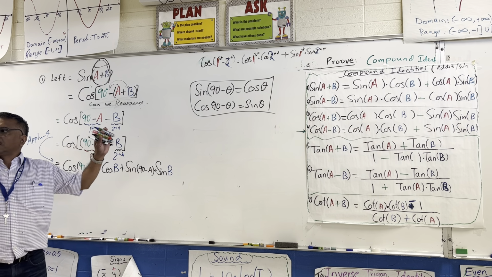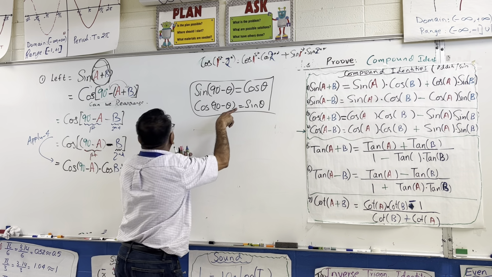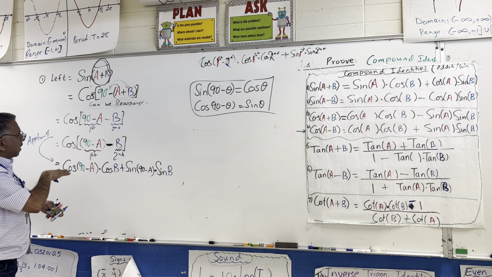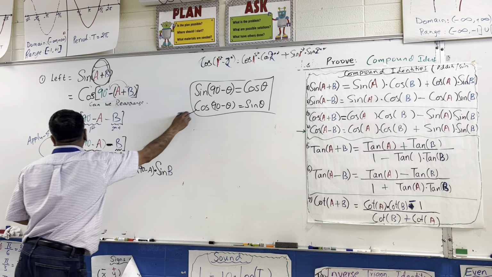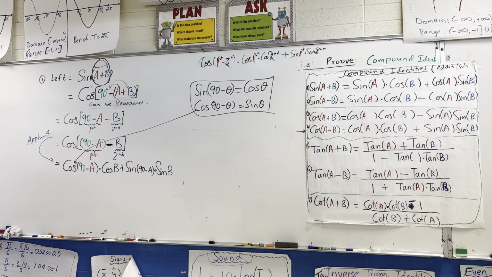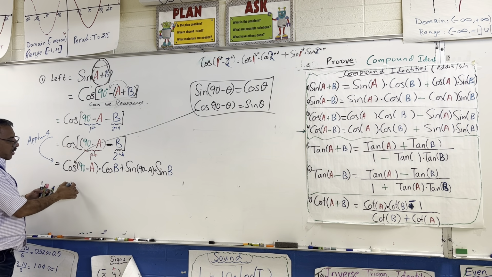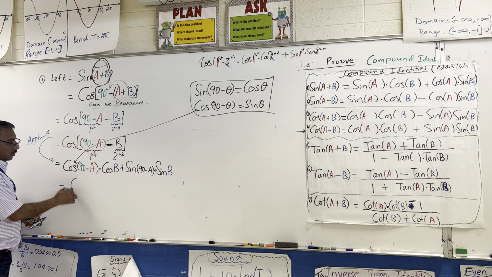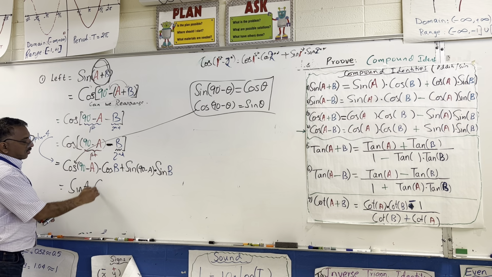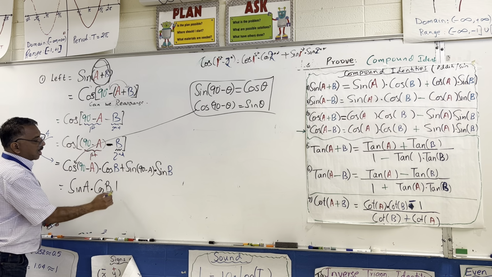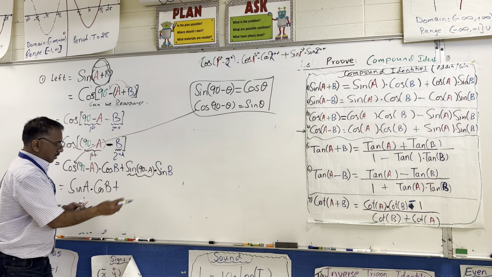Okay. So what I'm applying here is, now that you have this part, this is going to apply right here. Can you see this? So cosine 90 minus A will give you back what? Sine of A, correct? Sine A stays the same, but what about this part?